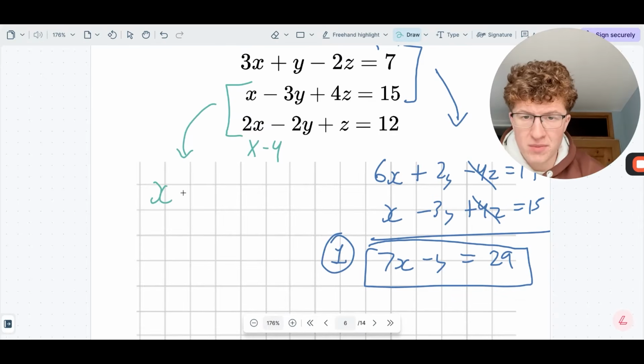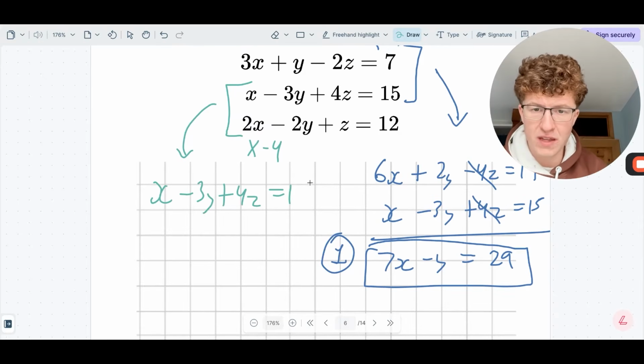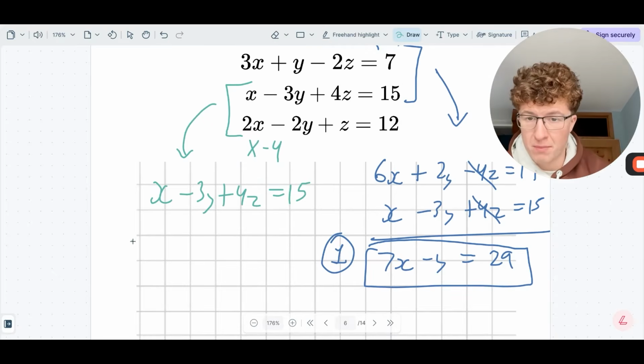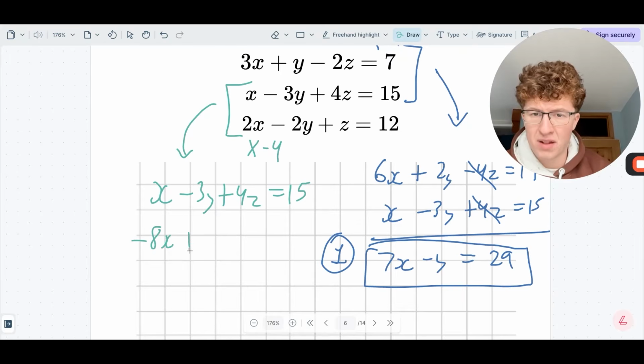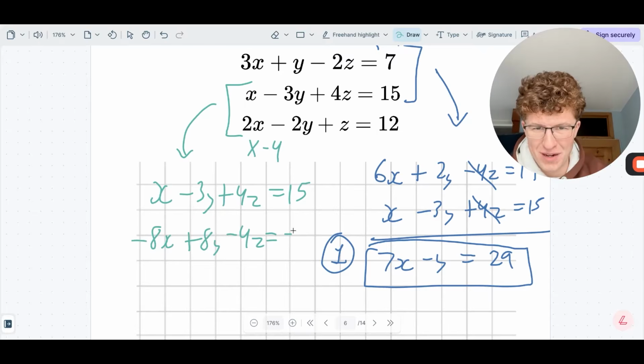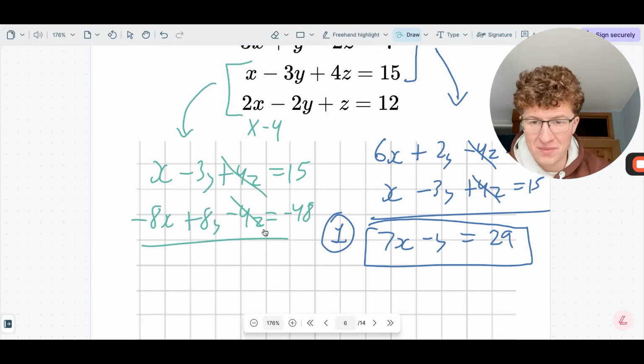So, top equation, x minus 3y plus 4z is equal to 15. And then multiply the bottom one by minus 4. I'm going to get minus 8x plus 8y minus 4z is equal to 12 times 4, 12 times 4 is 48, minus 48. Now, the z's are going to cancel.